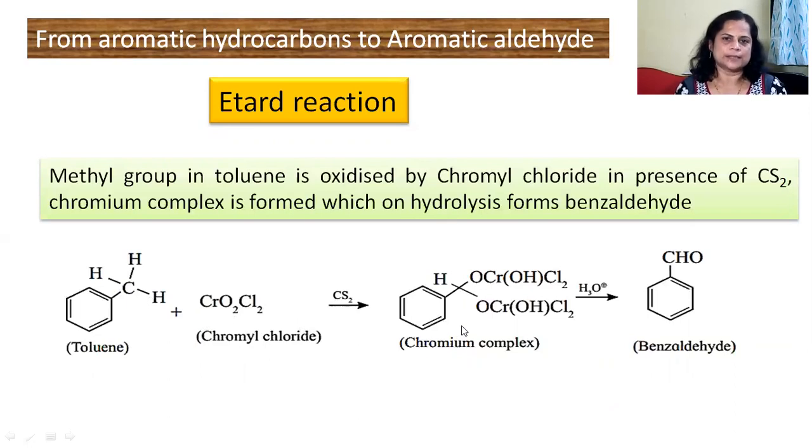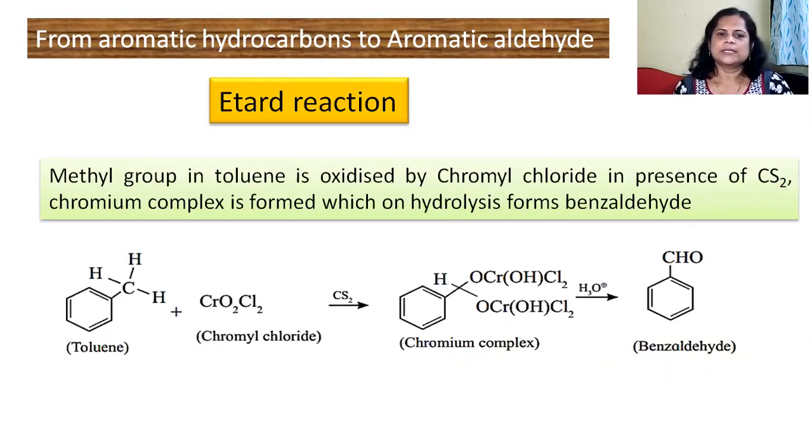So the formation of a chromium complex takes place. And now see, in the first step, these two hydrogens of toluene are replaced by CrO2Cl2. So what we get here is the structure which contains OCrOHCl2. That chromium complex is formed, and it further undergoes acid hydrolysis and forms benzaldehyde. Means all that part which is with the chromium is removed and only oxygen is added. Means the chromium complex is converted into benzaldehyde, C6H5CHO.